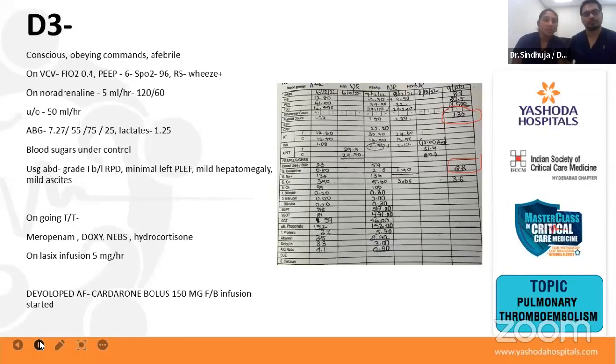Blood sugars were under control, and ultrasound abdomen showed bilateral grade 1 renal parenchymal disease, minimal left pleural effusion, mild hepatomegaly and mild ascites. Ongoing treatment was meropenem, doxycycline, nebulizations, hydrocort and Lasix infusion 5 mg per hour.